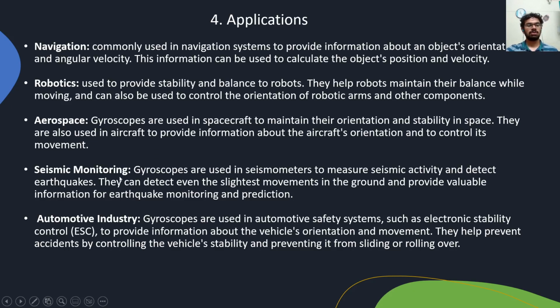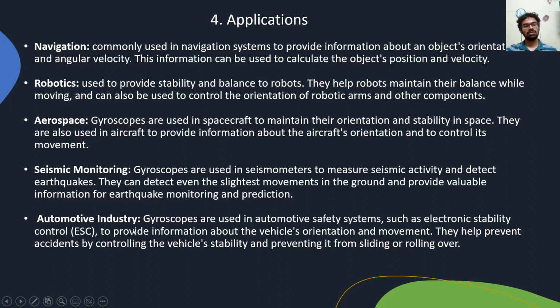And next is seismic monitoring. As we have seen, it is very sensitive to vibrations, so it is useful in observing seismic activity in the earth. When there is a slight movement, these gyroscopes can easily detect earthquakes or seismic activity and can predict the earthquakes.